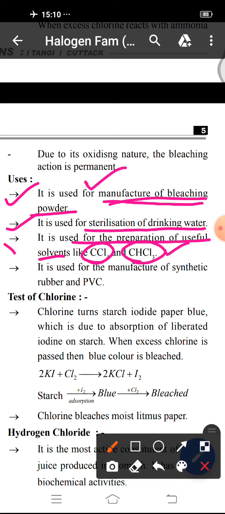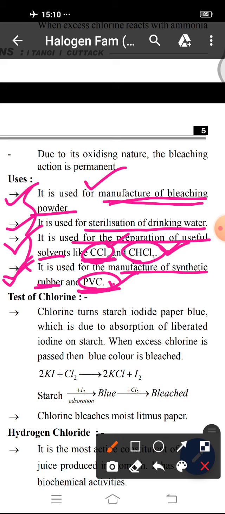In the formation of these, the chlorine molecule is necessary, because when excess chlorine reacts with methane, solvents like chloroform or CCl4 are formed. It is also used for manufacture of synthetic rubber and PVC, polyvinyl chloride. So these are the uses of chlorine.